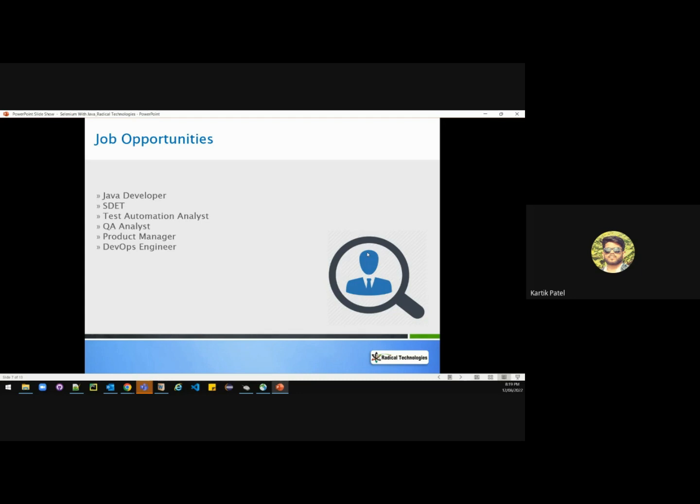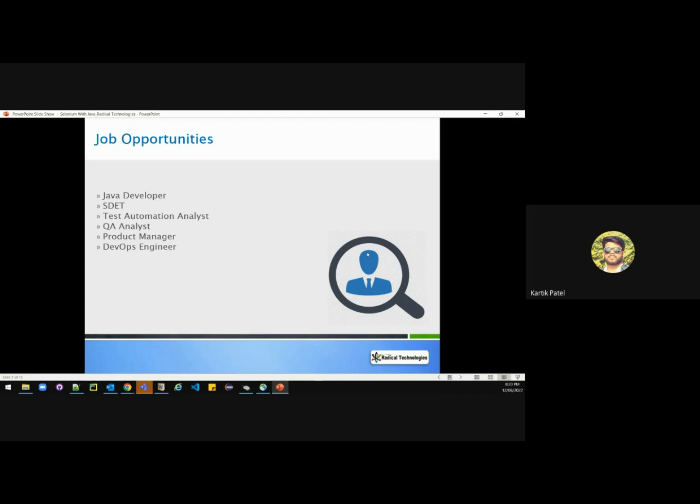Product manager and DevOps engineer. There are a lot of product-based companies who want to hire product managers having a good product domain, but their key requirement is that they also want such candidates to have a good understanding of programming languages. You would see project managers, and Scrum Master is another new role in the industry.